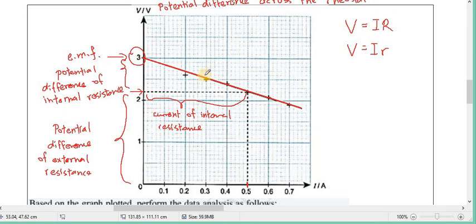So I take this one, divide by this, I get the internal resistance. From the graph, this value divided by this value equals what? Equal to the gradient of the graph, right? This means the gradient of the graph equals the internal resistance.